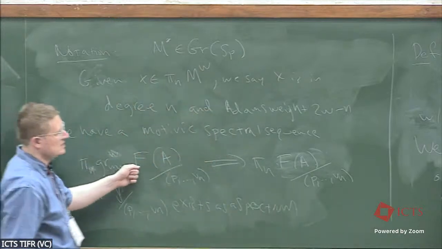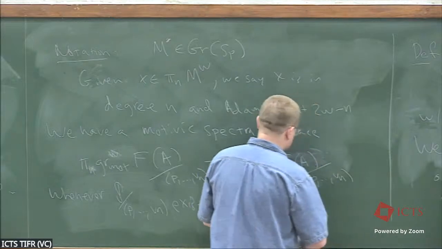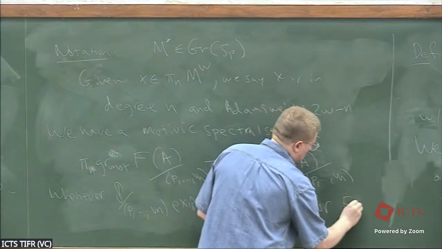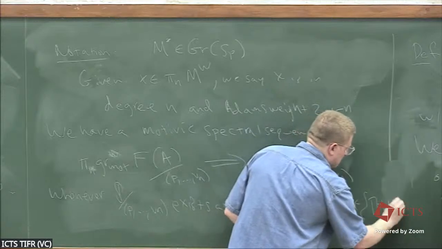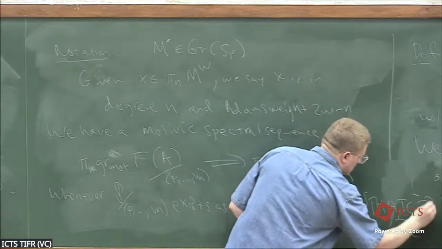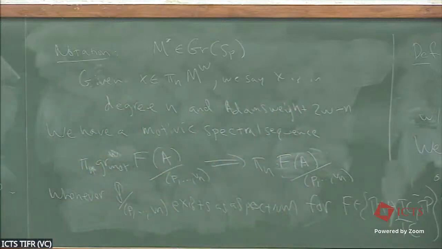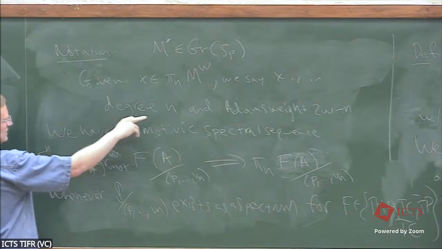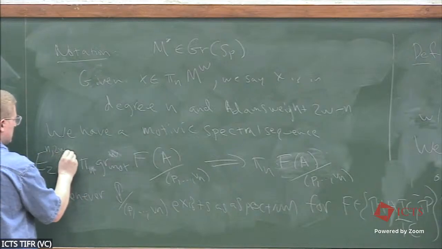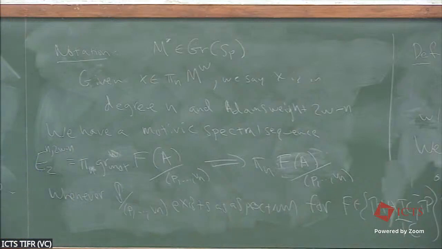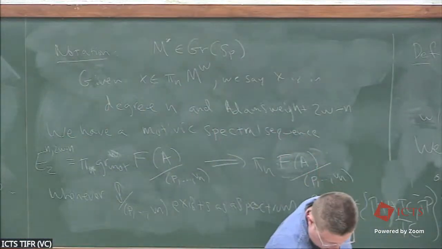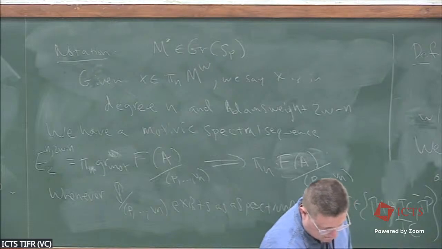And this will be the case for all of our F that we consider, for example, THH, TC minus, TP, TC. So we'll always call these a motivic spectral sequence, and then we're going to actually grade it. This is the E2 page, and we're going to grade it in terms of this degree n and Adams weight 2W minus n.